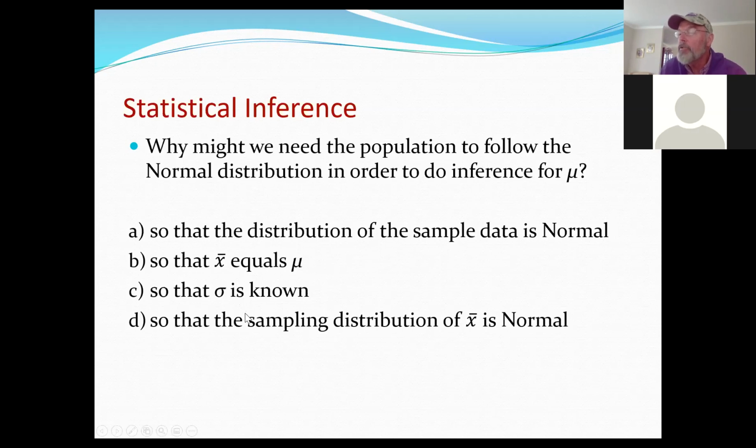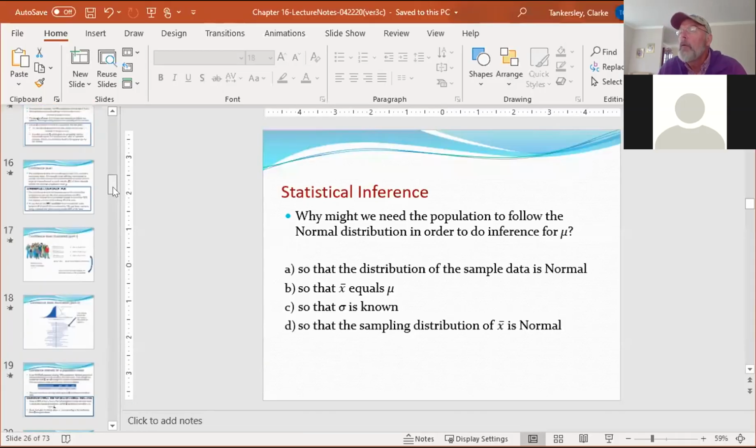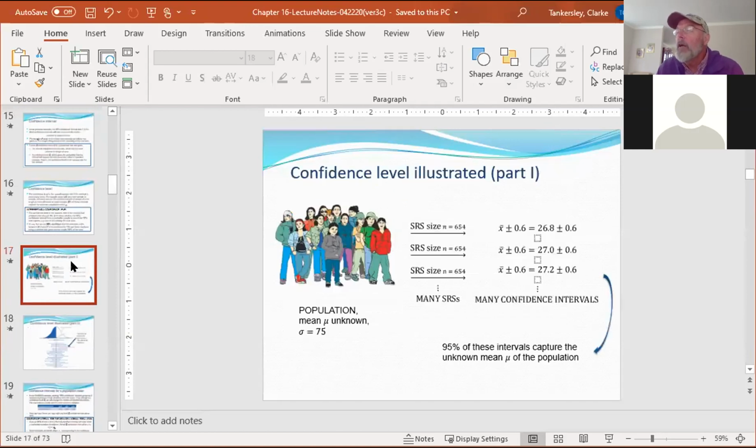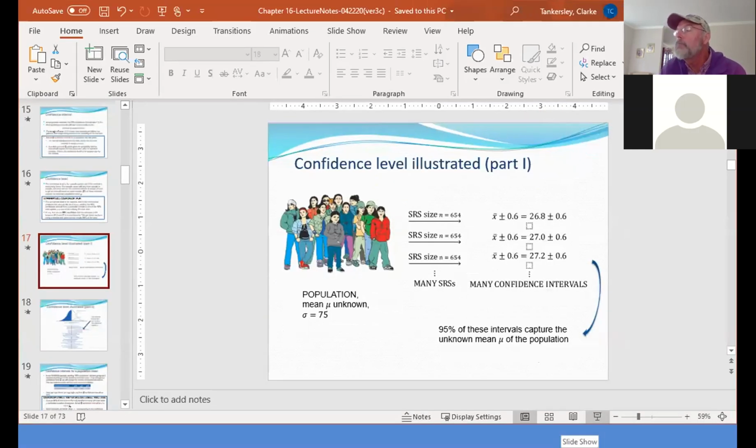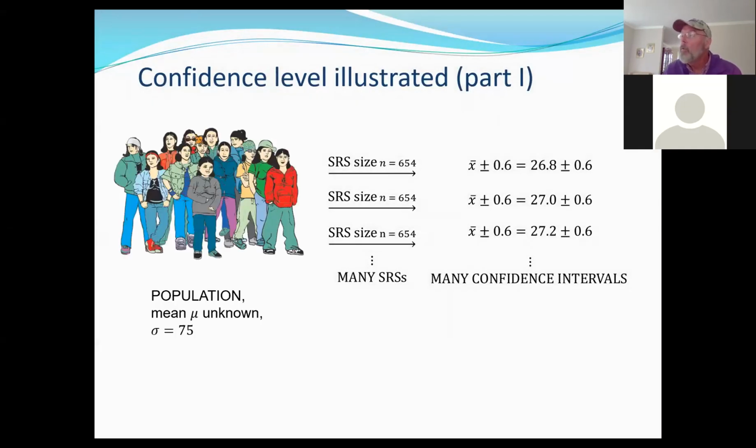A sampling distribution is a situation where we do multiple sampling. Let me go back and show you what I'm saying. With this slide right here, we come to know that we're doing multiple sampling.